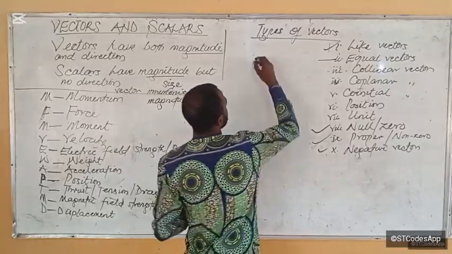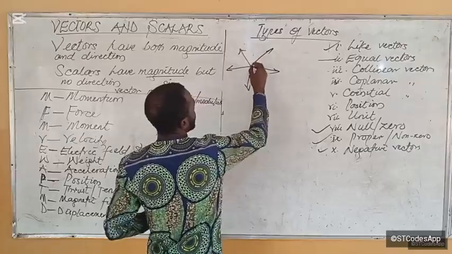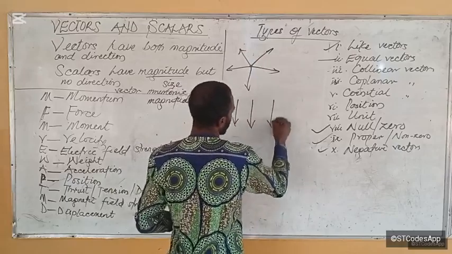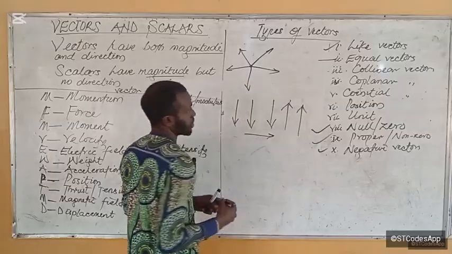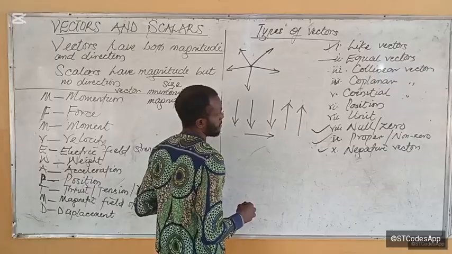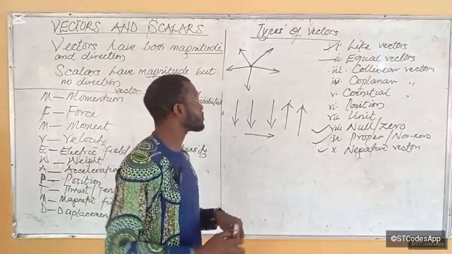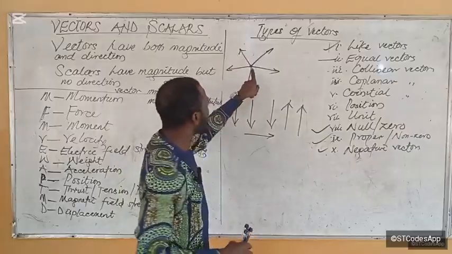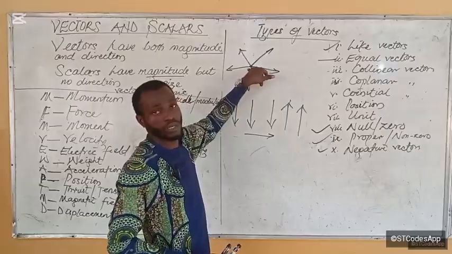Now look at these vectors here, and this set of vectors here. Let's use these two sets to explain. Now let's call these vectors A, B, C, D, E. Look at these vectors. They originate from the same point.